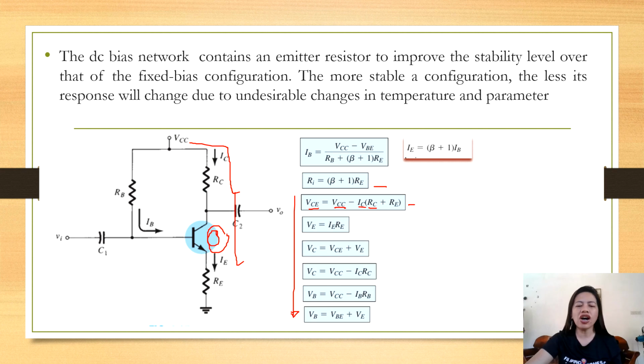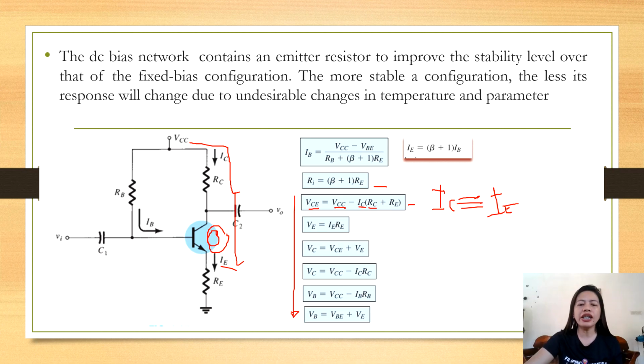Minus IERE. But as you can see, that's not IC, that's IE. So this time, I need you to consider this approximation wherein the IC is approximately equal to IE.